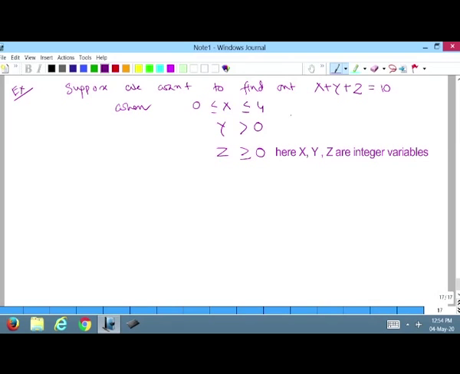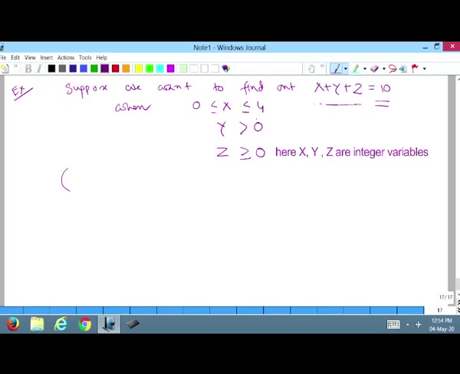Therefore, we want to find out the number of solutions such that x plus y plus z is equal to 10. So, by going in a similar way, we can write the following 3 polynomials.